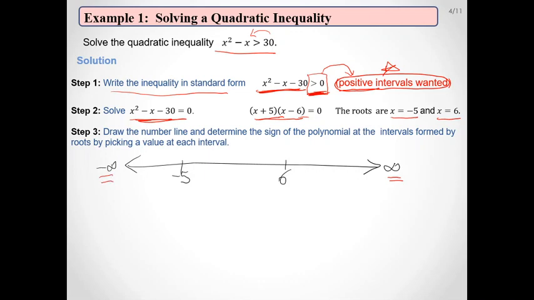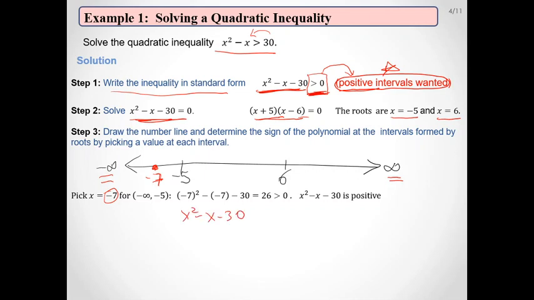Then the next thing you have to do is pick a point from this interval. Let's pick negative 7. It's here, and then you put negative 7 not in the inequality, but in the polynomial. So you have x squared minus x minus 30, and you put minus 7: minus 7 squared, minus minus 7, minus 30.